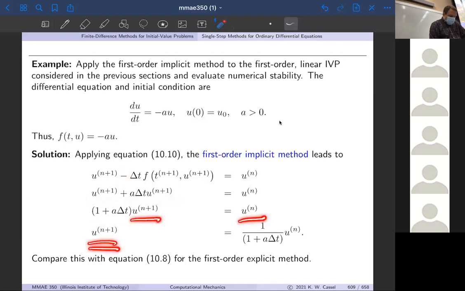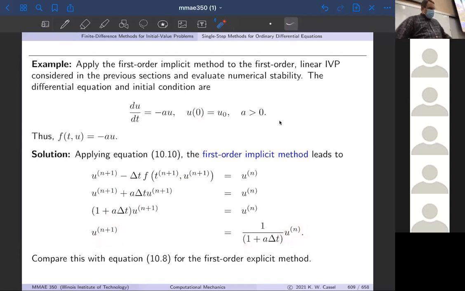So in the end, I still have a nice, straightforward prescription for how I go from the solution at the previous time step, u^n, to the solution at the current time step, u^(n+1). I'm now multiplying by 1 over (1 plus a delta t). Okay, so that's different. If you compare that to the equivalent expression for the first order explicit method, that's clearly different, but also clearly doable.